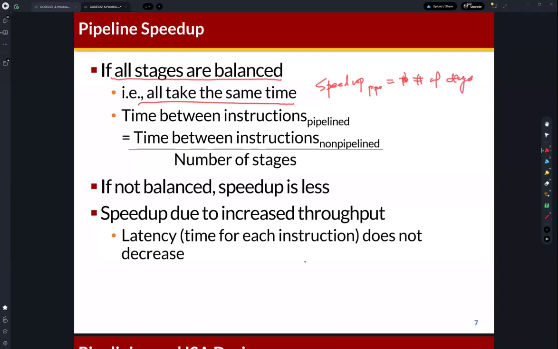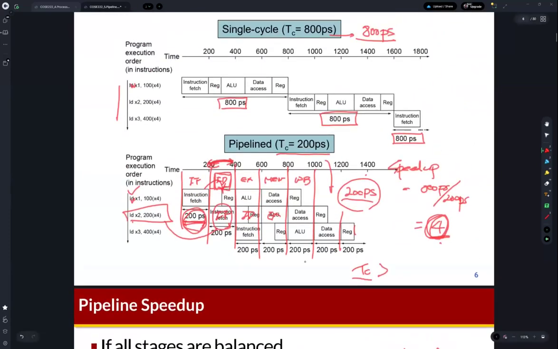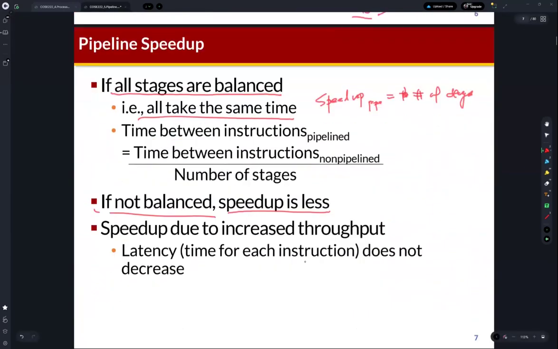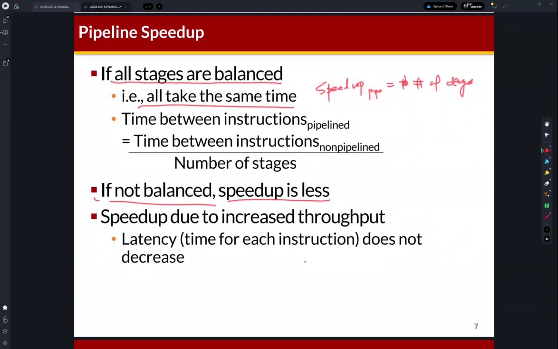Okay, it's balanced. But if not balanced, the speed up is less. So this is the example, right? It's not balanced, so the speed up is less than the number of stages.